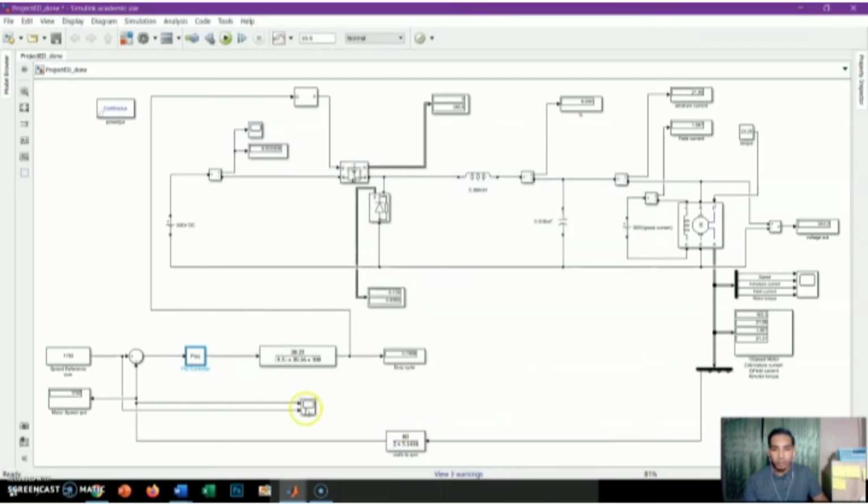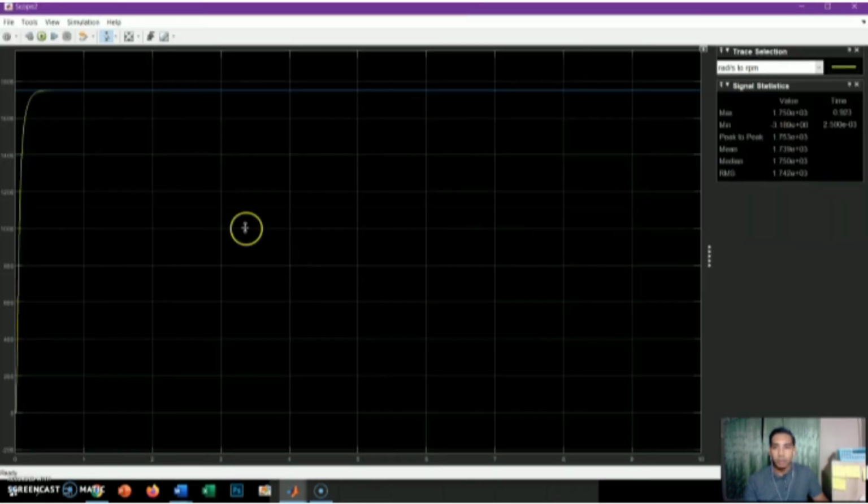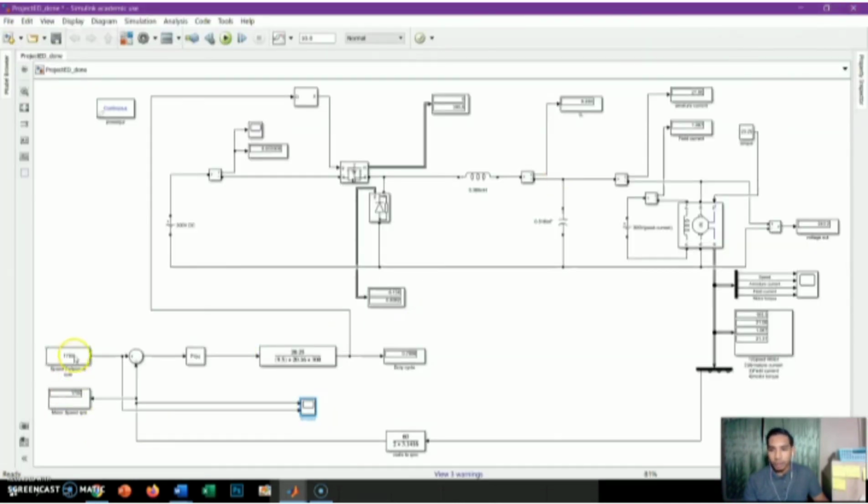So we see the graph. This is the speed reference, the blue line, and the yellow is from the motor. There is no overshoot, which is good. So we try other values, 1000 and 1200, and let's see the motor speed.